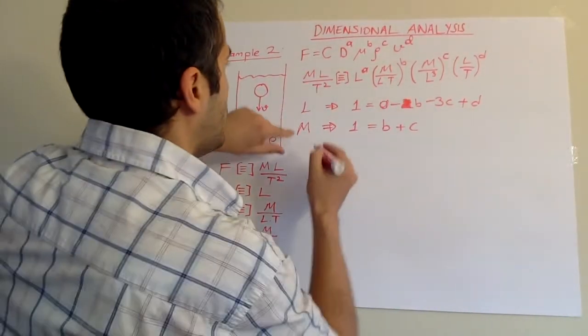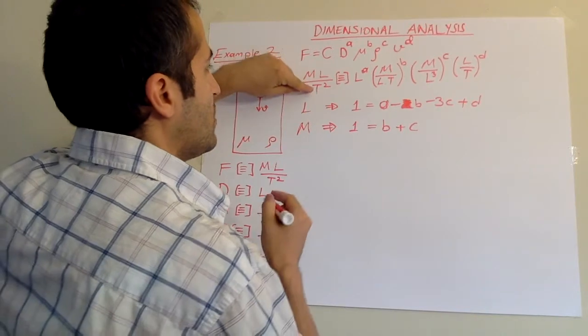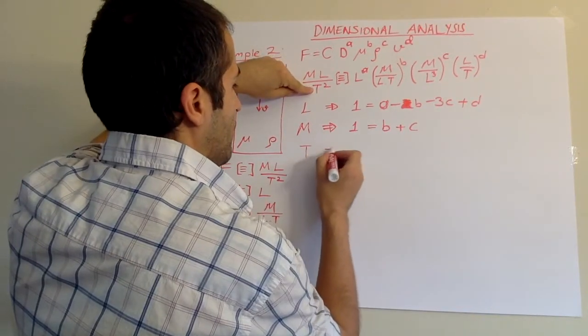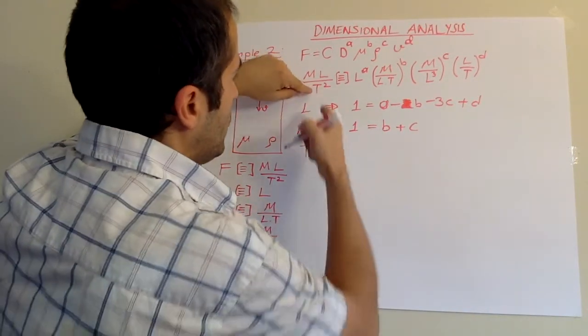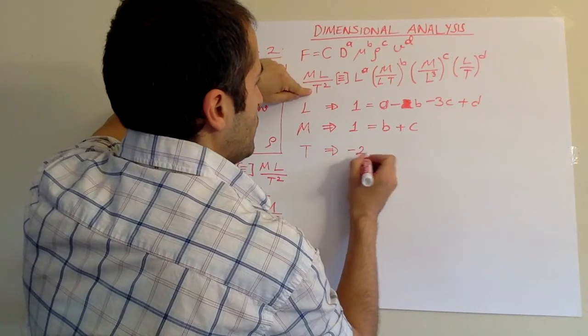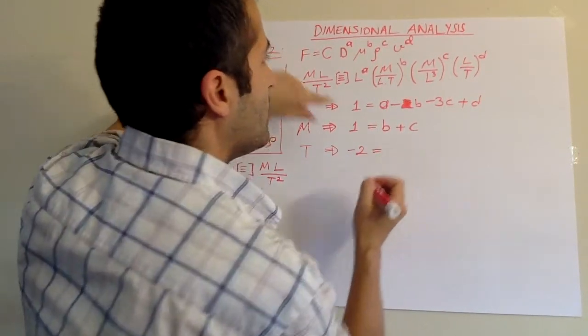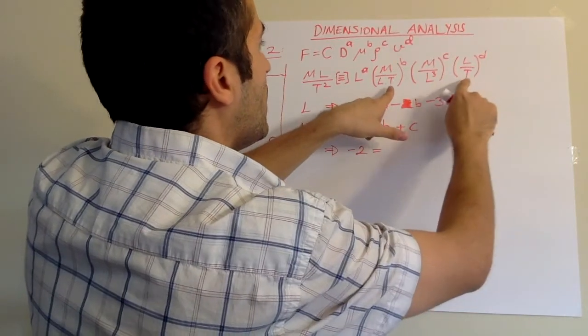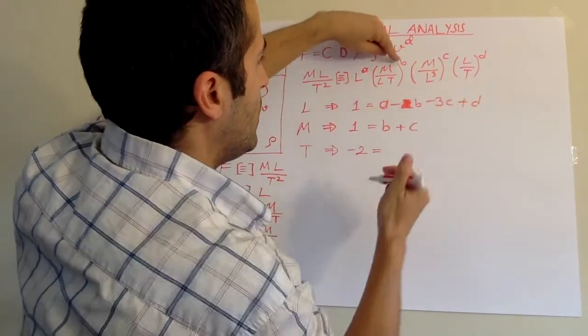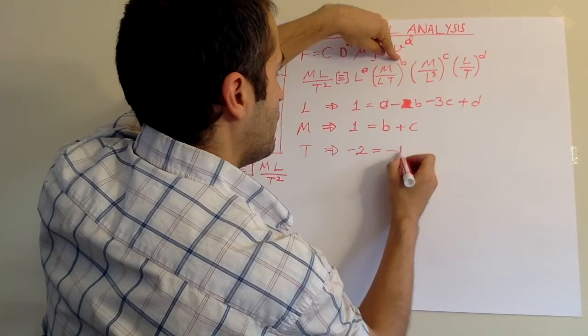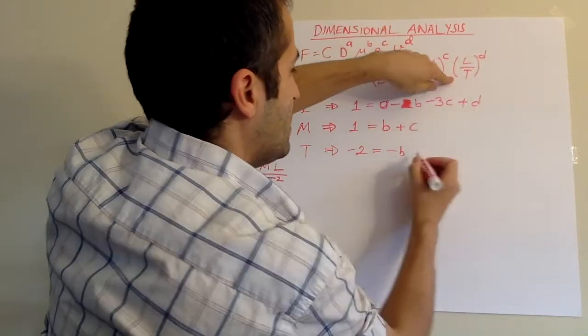Okay, so far so good. Now we write down another equation for time. It's -2, because it's t to the power -2, is equal to, on the right hand side, we have two time terms. One is -b, the other is -d.